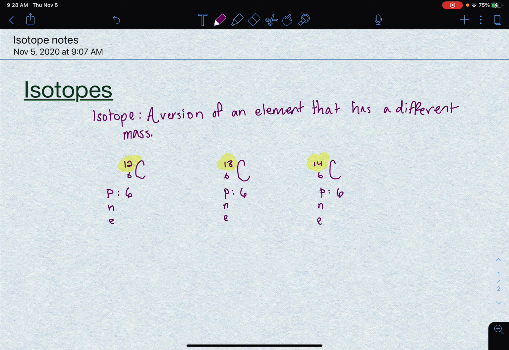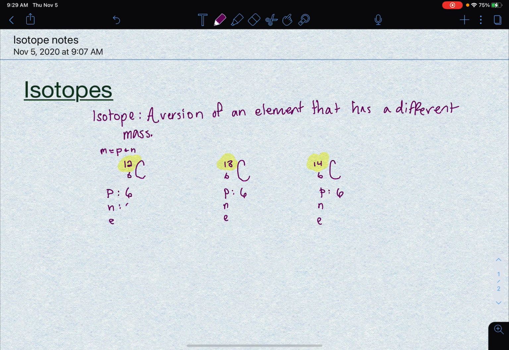And if you remember from last week when we were learning about how to count atomic particles, the mass is the number of protons plus the number of neutrons. So if the protons is going to be the same between all of the elements, that means the neutrons is going to be what is changing.